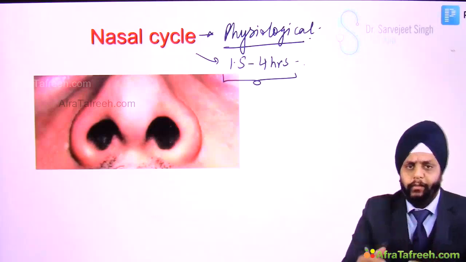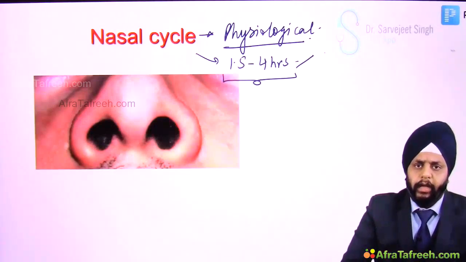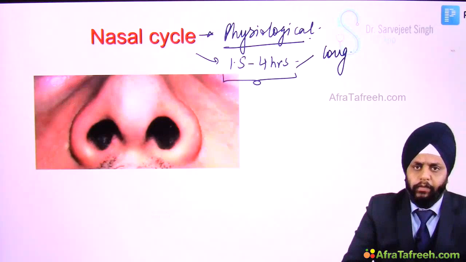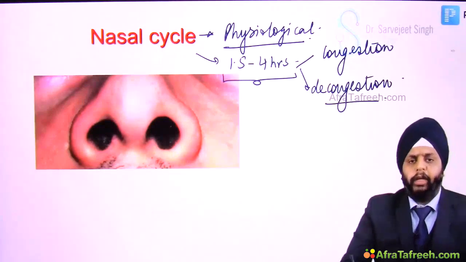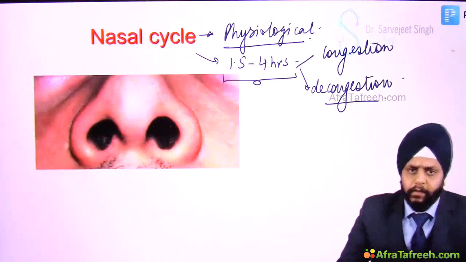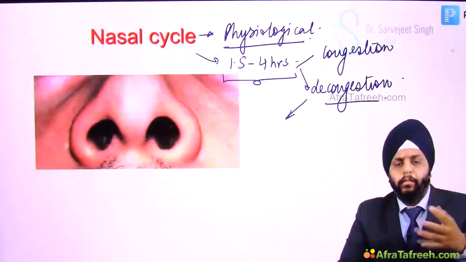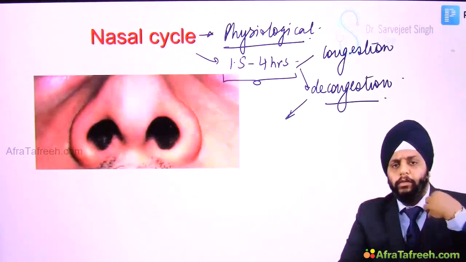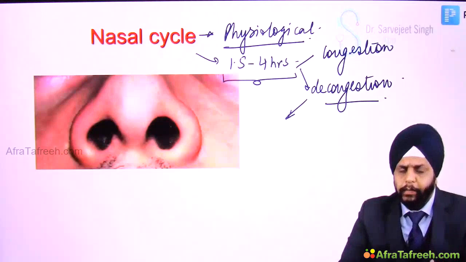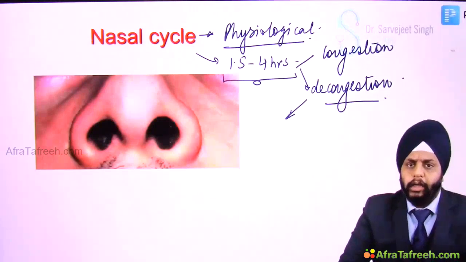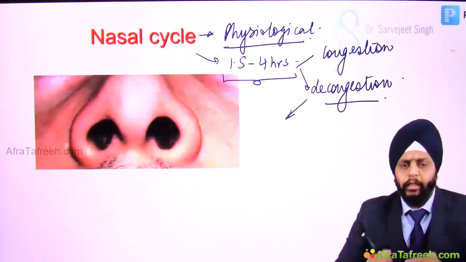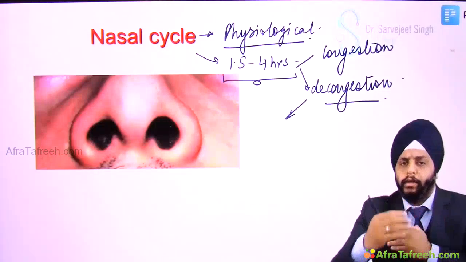Now in this time duration, one nasal cavity undergoes congestion and one undergoes decongestion. That means the nasal cavity which is decongested will be carrying more air. So when you inhale, more airflow will be through the decongested nasal cavity and less through the congested nasal cavity. Then after some time, this will reverse.